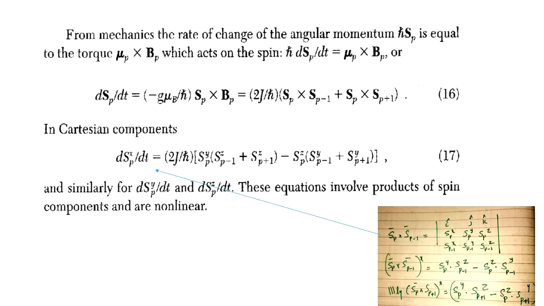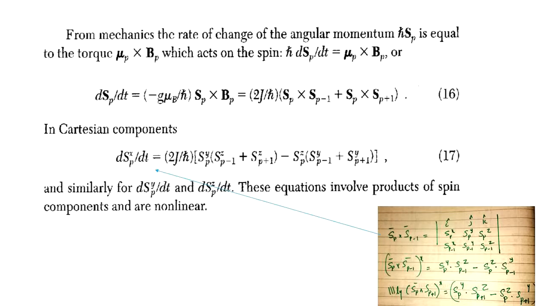We put the components for Sp as well as Sp minus 1, and the x component of Sp cross Sp minus 1 will be determined from this: Spy dot Sp minus 1 z minus Spz dot Sp minus 1 y.